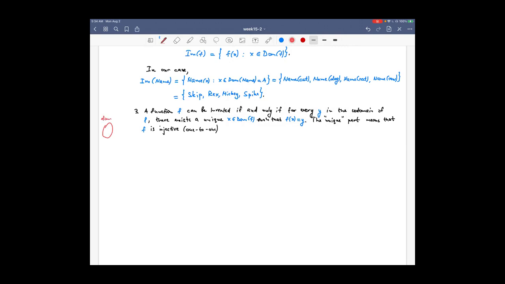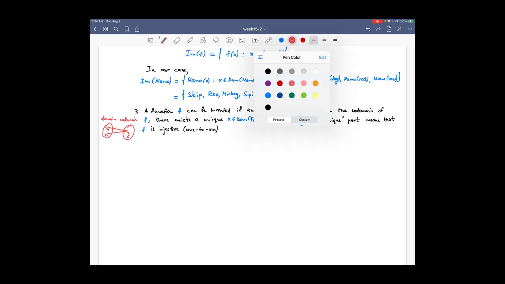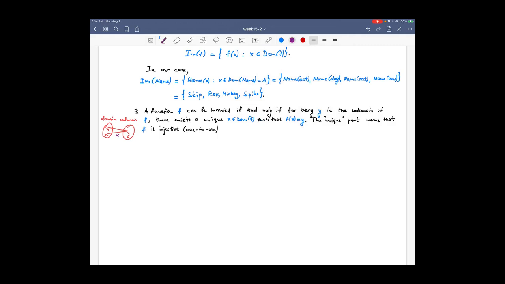If this is the domain, and this is the codomain, we don't allow a situation like this. Because if we were to invert this function, we wouldn't know whether the inverse function should map y to x1 or to x2. There is ambiguity. So a situation like this is not allowed.